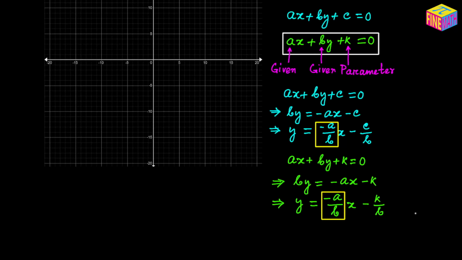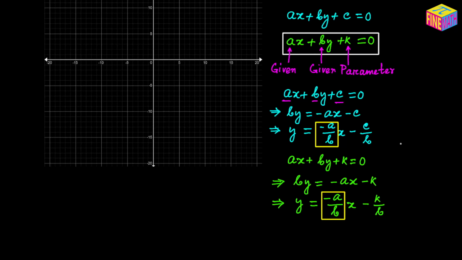In the first equation it is negative c over b, and in the second equation it is negative k over b. Now in the first equation, please understand that all of these unknowns there, a and b and c, they all will be provided because we are going to be provided with the equation of a straight line. So a, b and c, they all will be known numbers.